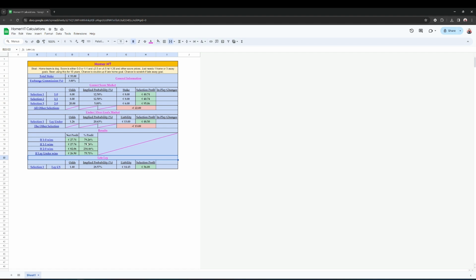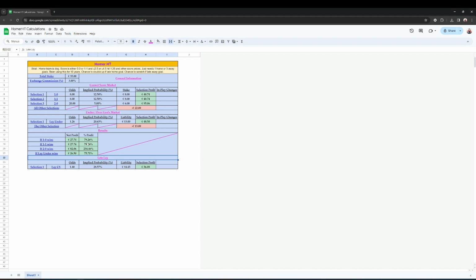And why? It will help me manage my position in play quickly, and also to do some calculations between the markets, right? Because depending on what's happening in play, you can manage your position, and you can look at the ways to maximize profits.